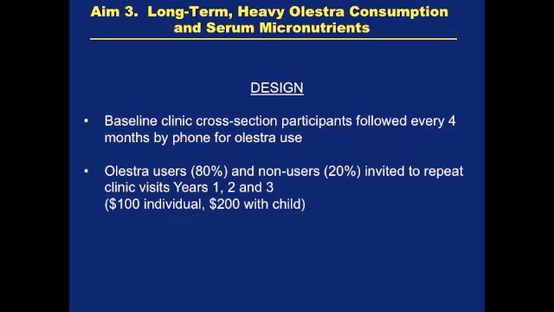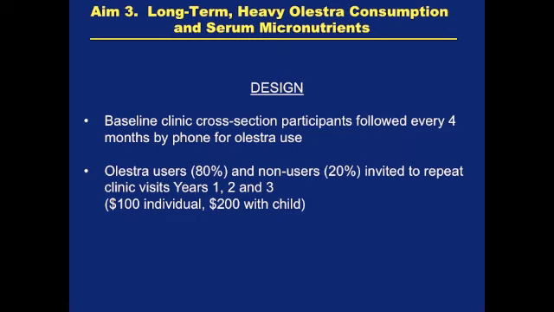And then for the last one, looking at long-term heavy Olestra consumption, for the first clinic cross-sample group, the ones who were recruited to come to the clinic before Olestra was introduced, we gave them calls every 3 months. It's a very short phone call, and we just got information about whether or not they were eating snack chips, and if so, what type and how often.